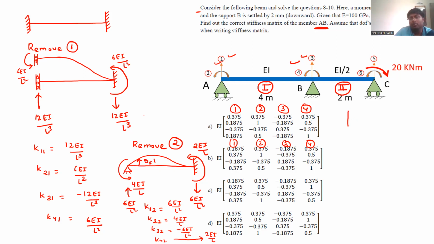Now third, release 3 and give unit displacement along coordinate 3. This is unity.